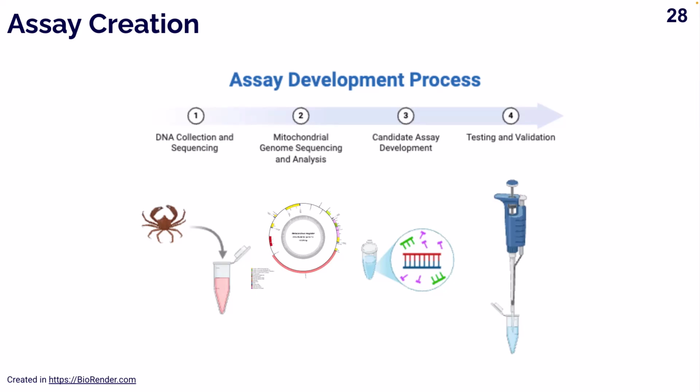You're probably thinking, well, why do we need to develop all these mitochondrial genomes when there's already plenty of CO1 sequences for these different cancrids out there?